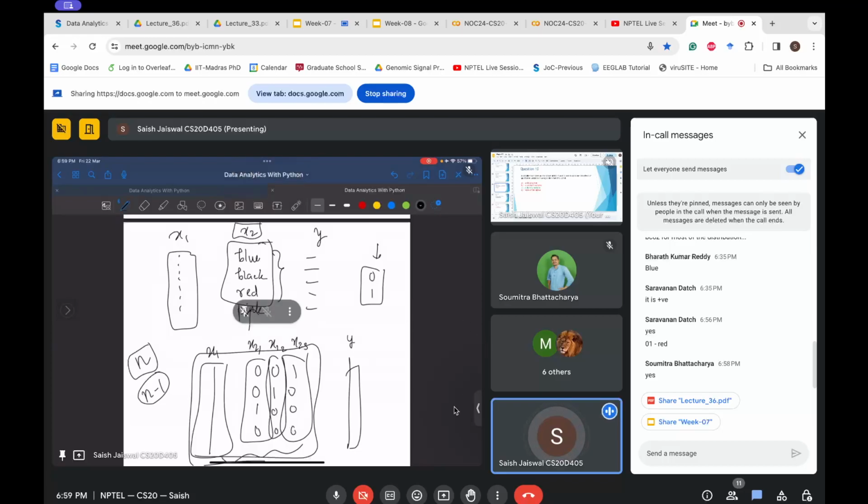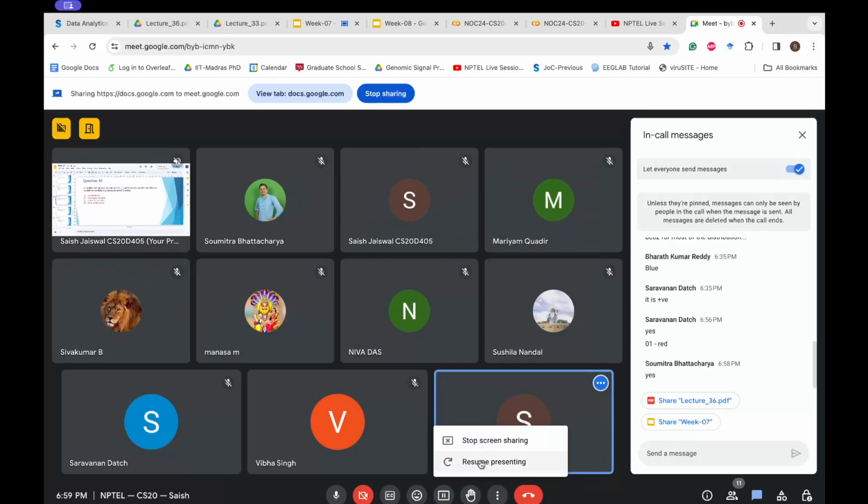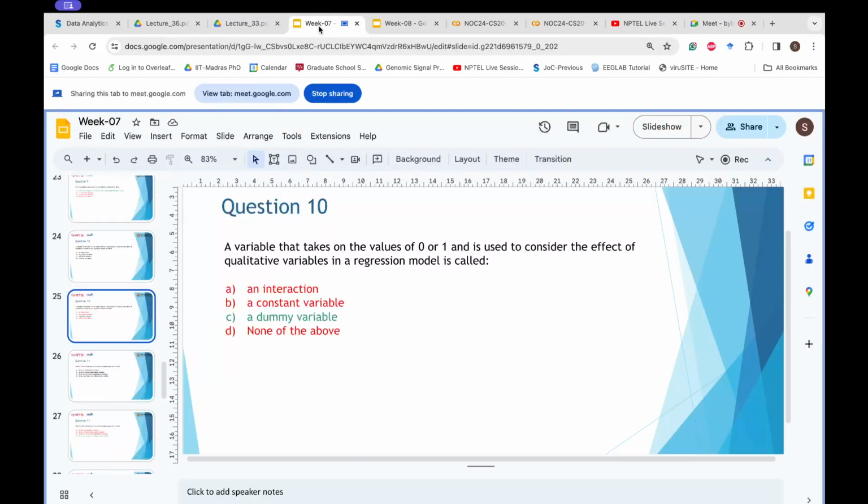Okay, so let us go back to the slides. A variable that takes a value of 0 or 1 and is used to consider the effect of a qualitative variable in a regression model is called a dummy variable.